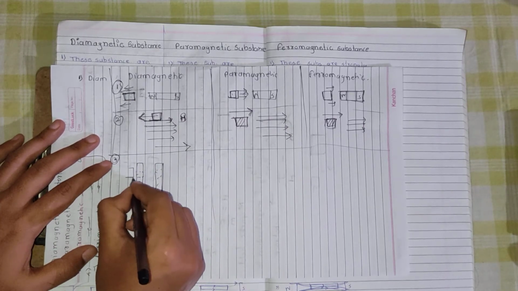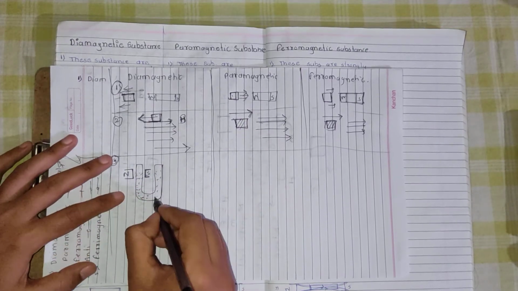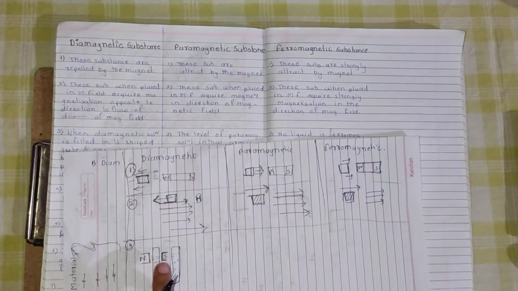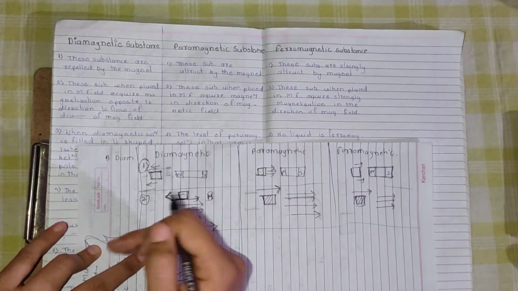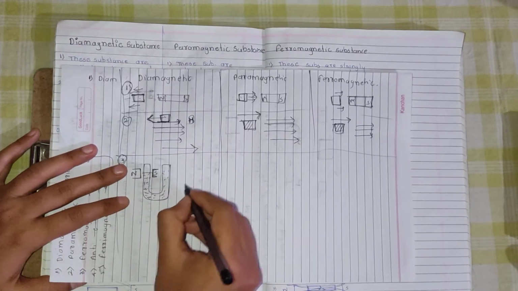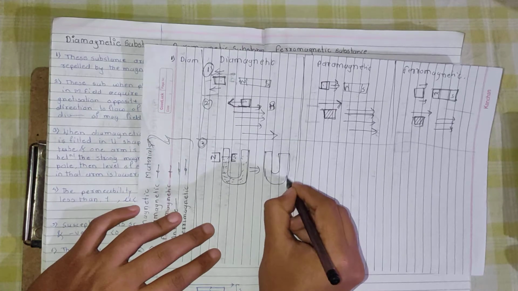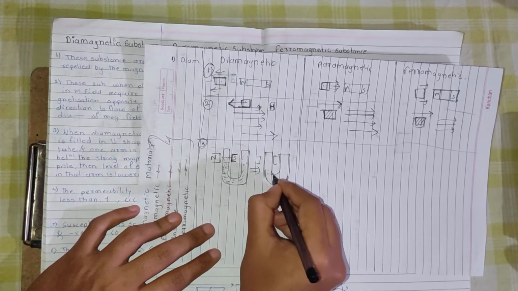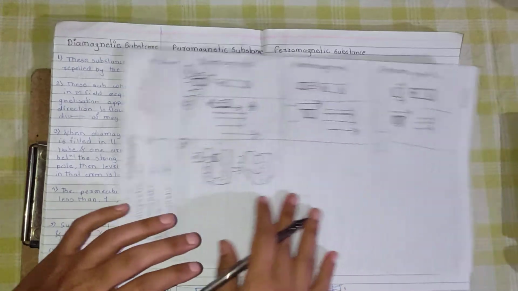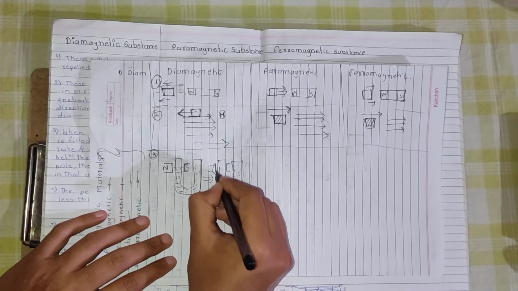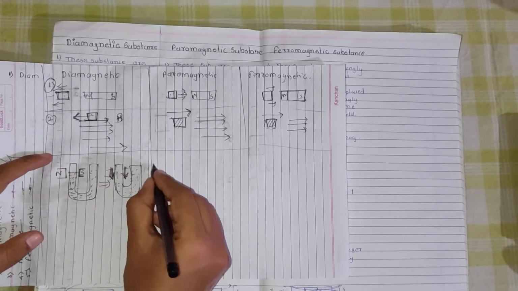If we place a magnet like that, then the level of the diamagnetic substance moves lower. Means what? The level is lowered.